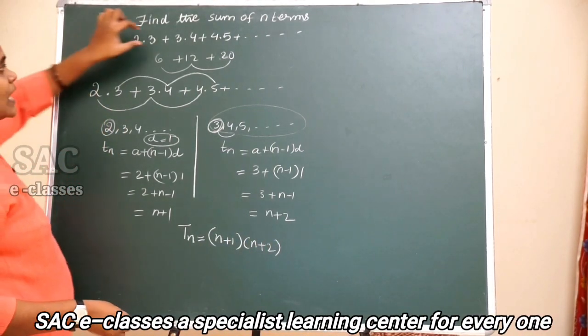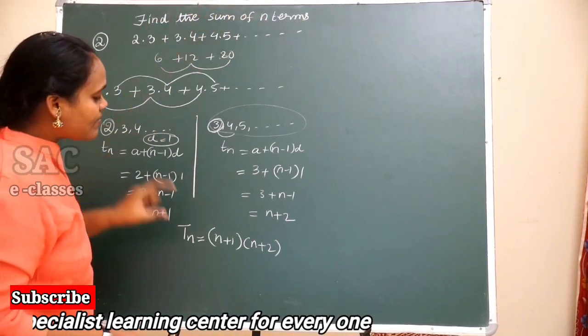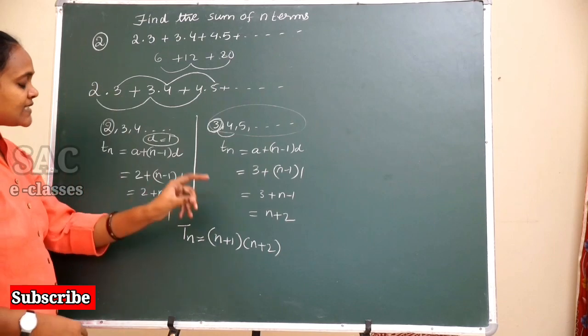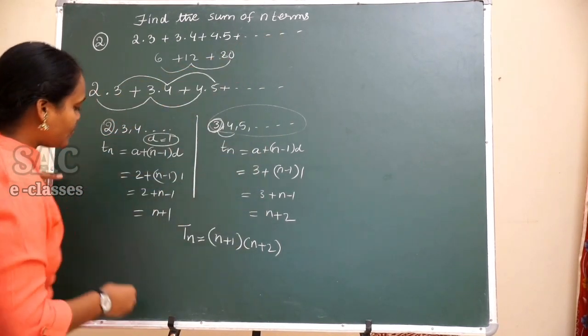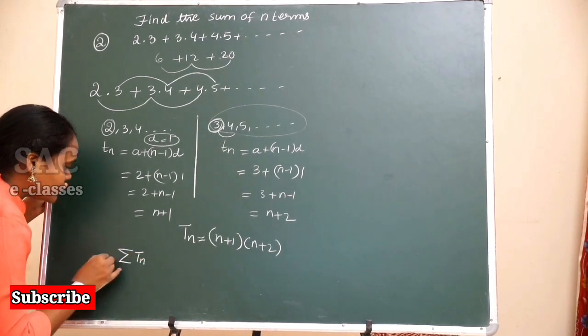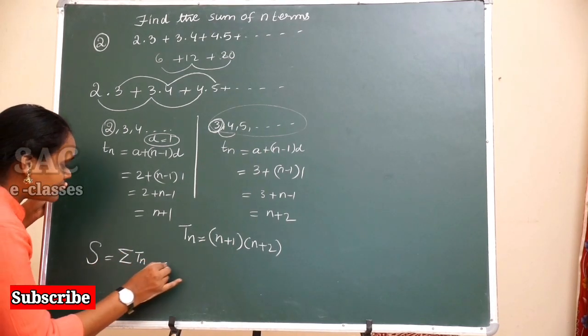But are they asking for the nth term of that particular series, or the sum of n terms? Yes, they are asking for the sum of n terms of that series. So you need to find the sum of all these terms. S is equal to sigma Tn.